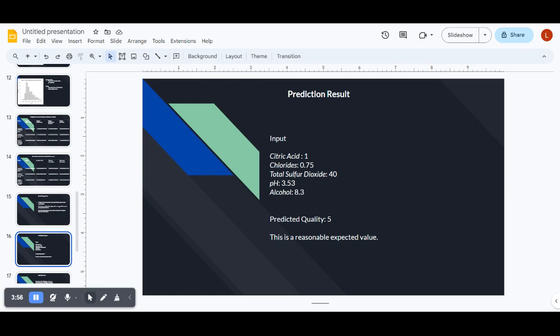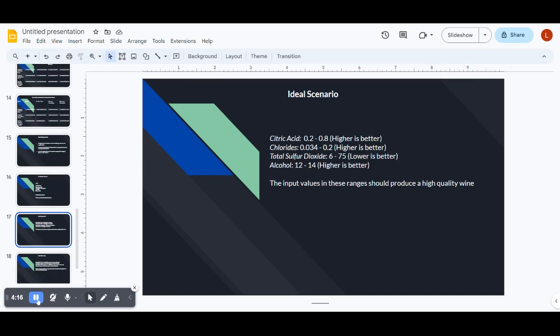So we also predicted that the quality of the wine should be somewhere at 5. Also, we're only using alcohol as the indicator because it has the highest correlation with our output variable, while the rest of the variables have a relatively low correlation.